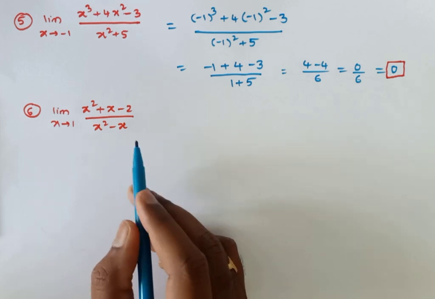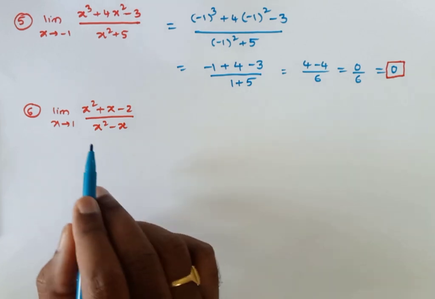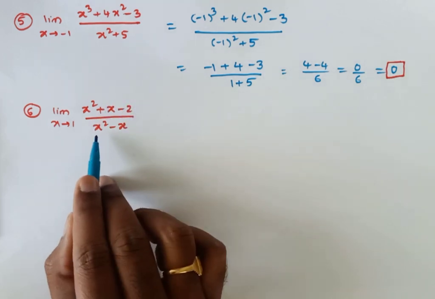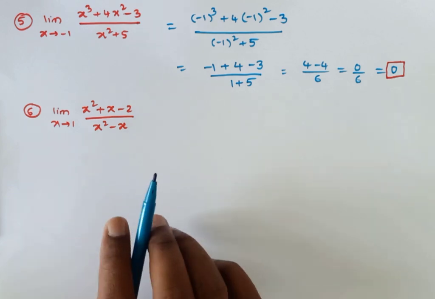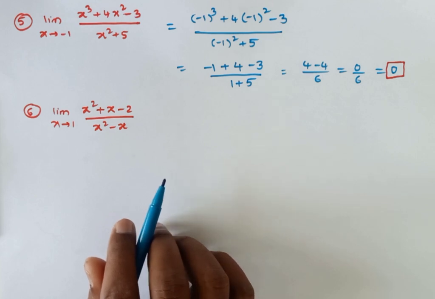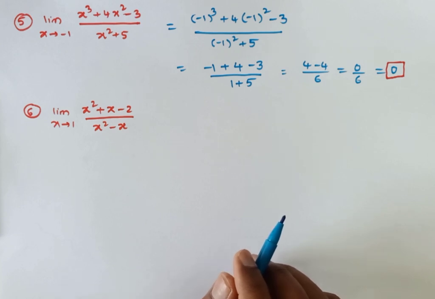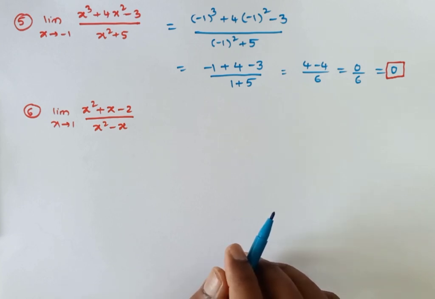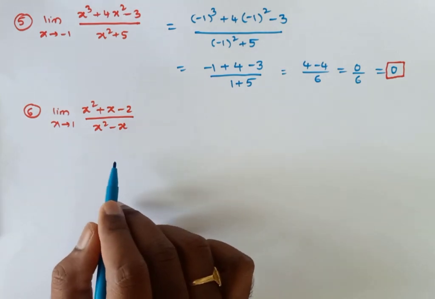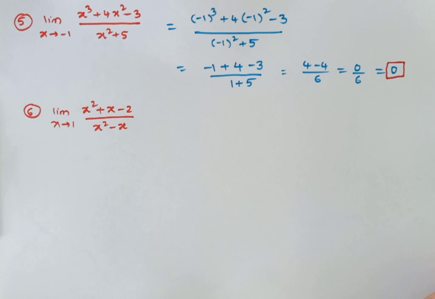However, we can factor the numerator and denominator and cancel the common factor to obtain the limit of p of x by q of x. If the denominator is 0, you need to take the common factor of numerator and denominator. If we cancel it, we may get the exact limit. We can't substitute directly, because 1 square minus 1 is 0, and we cannot divide by 0.